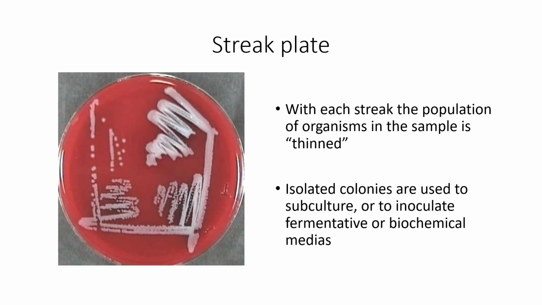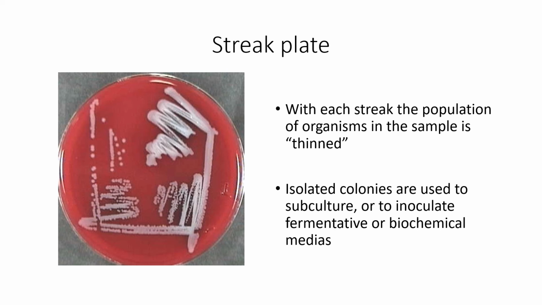So here's an example of a streak plate, and this is the technique we're going to use probably 99% of the time in student laboratory and in microbiology laboratories. In a streak plate, what we do is we put our organism in one quadrant of the plate, and then we take a Nichrome loop and we spread it out, and then we actually sterilize our loop in between the streaks, and we come out 4 times, eventually thinning out that population of organism.